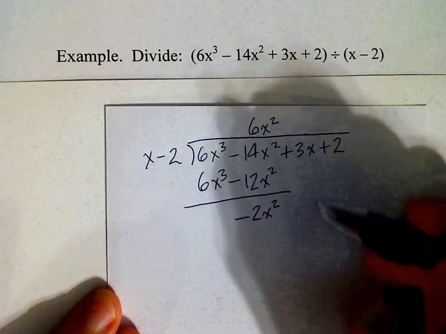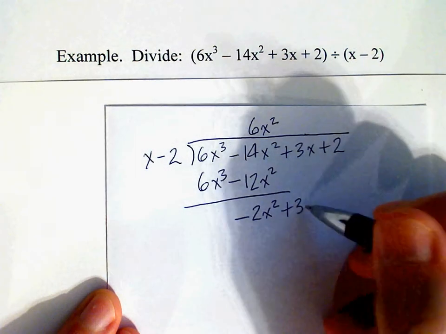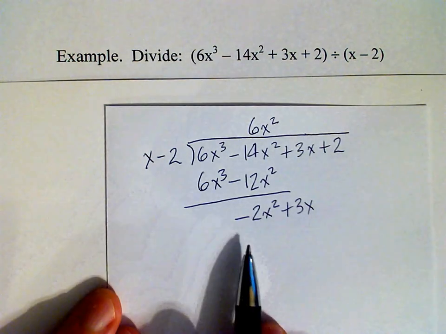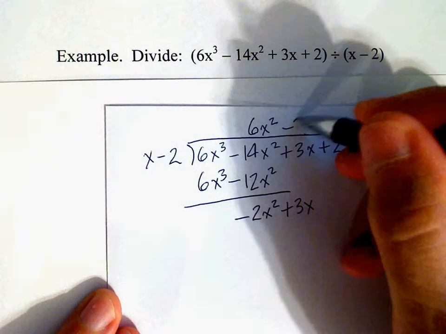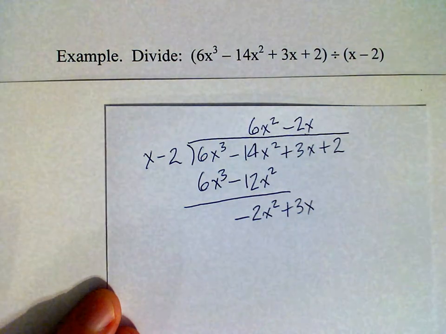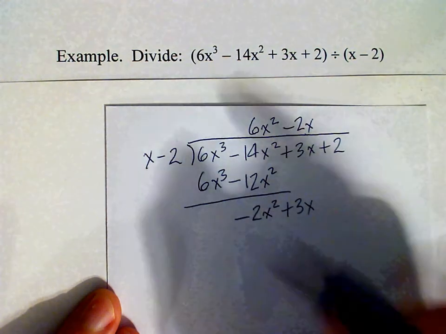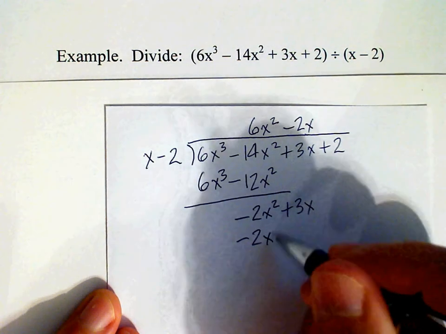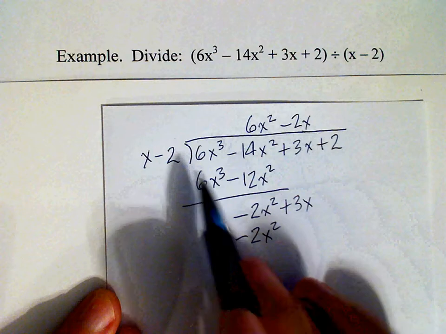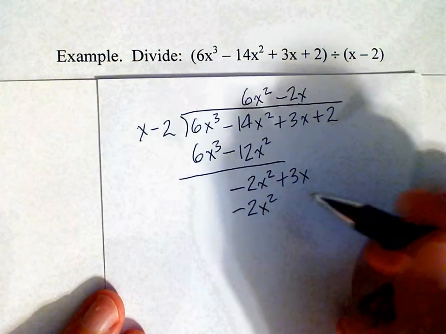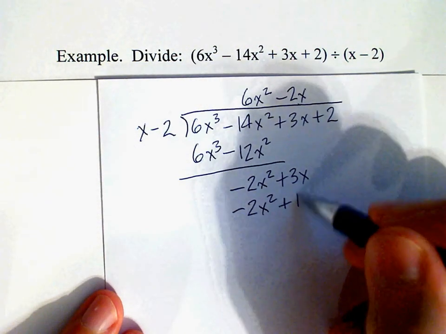Bring down the next term and repeat the process. x into a negative 2x squared goes negative 2x times. Multiply: negative 2x times x is negative 2x squared. Negative 2x times negative 2 is a positive 4x.